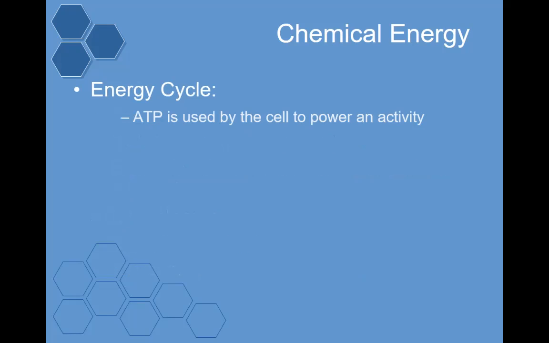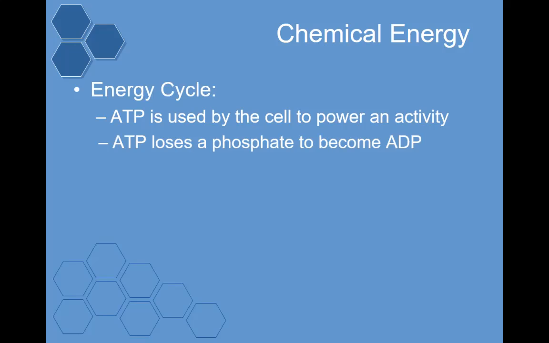So here's our cycle that we're going to look at. ATP is used by your cells to power some activity, walk, talk, think, and blink, or all those thousands and thousands of chemical reactions that take place at the cellular level. When this happens, the ATP molecule breaks the bond between the second and third phosphate and becomes the ADP molecule.